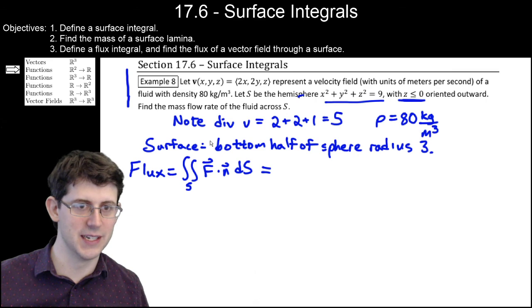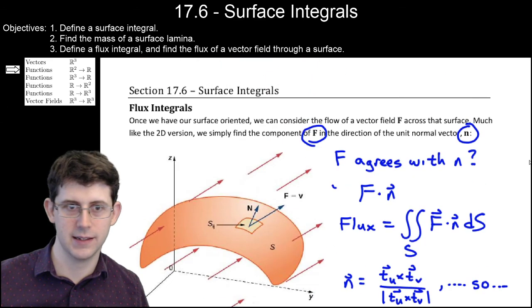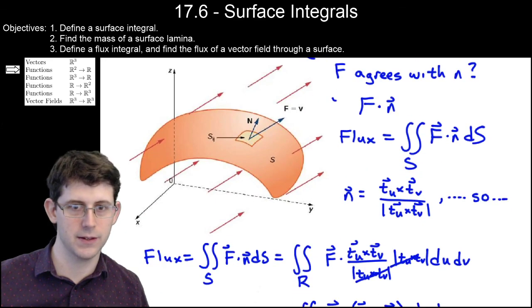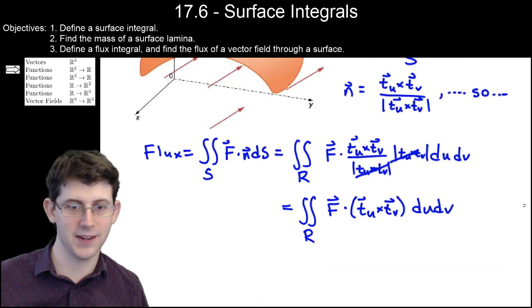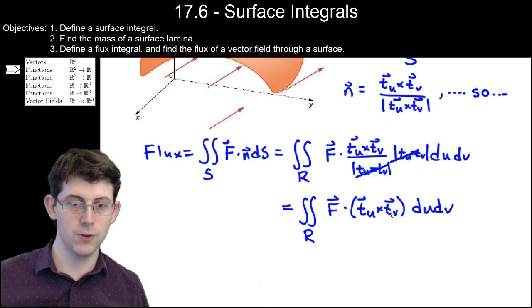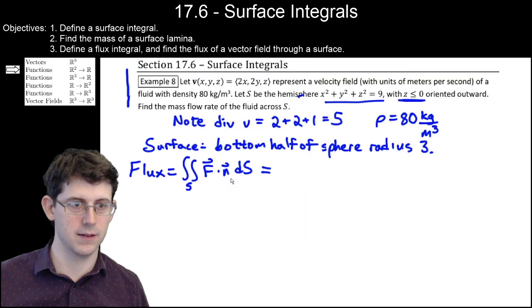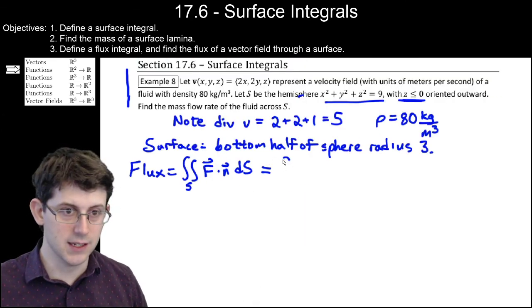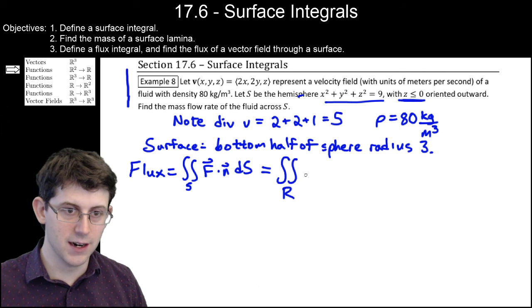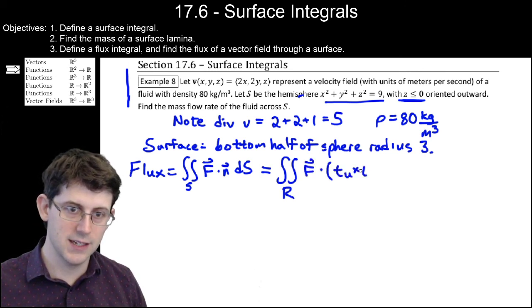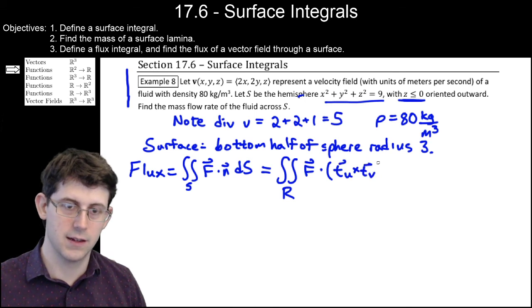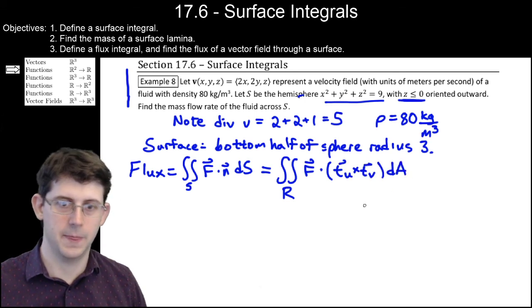Where are our various formulas? Nope. Well, yes, it is this formula that I was looking for. So we'll use spherical coordinates, and the u and the v will be theta and phi for our spherical coordinates. So this is the integral over a region R of f dot tu cross tv dA.